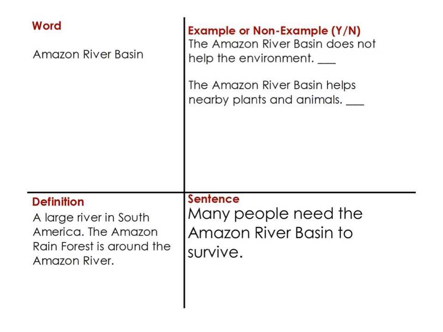Let's read the definition. A large river in South America. The Amazon rainforest is around the Amazon River. Let's read a sentence. Many people need the Amazon River Basin to survive. You complete the example or non-example.